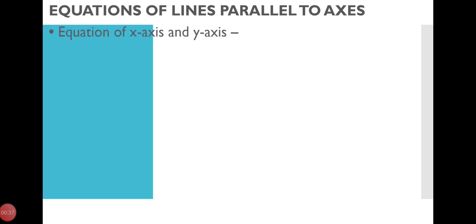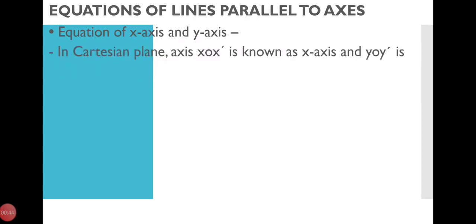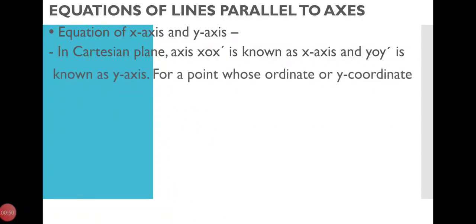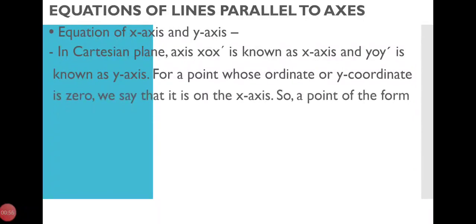We know that in the Cartesian plane, the axis X O X dash is known as the x-axis and Y O Y dash is known as the y-axis. For a point whose ordinate or y coordinate is 0, we say that it is on the x-axis. So, a point of the form (a, 0) lies on the x-axis.